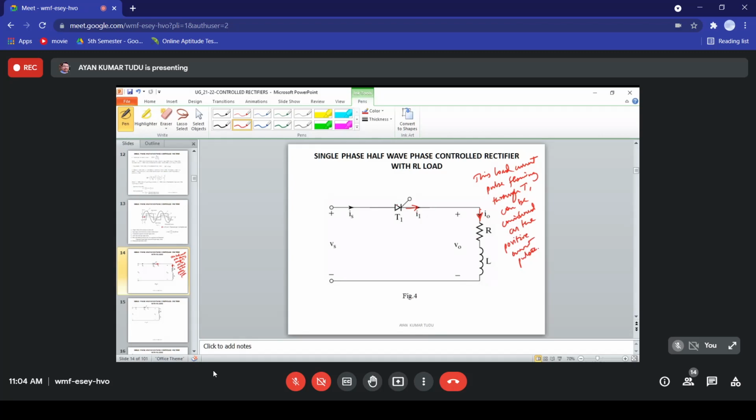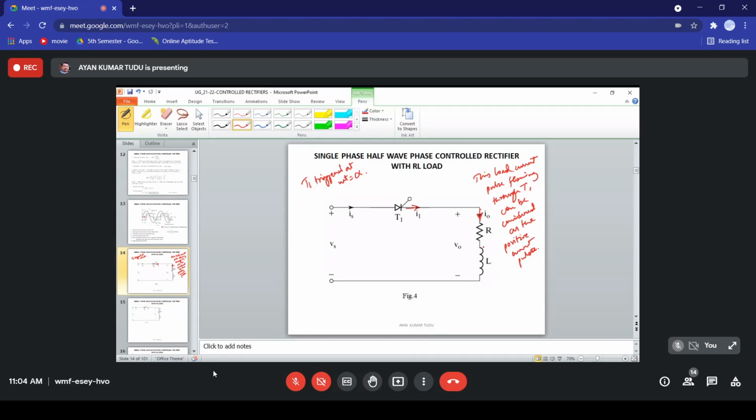Why positive current pulse? Because that current will flow during the positive half cycle of the input supply, when the thyristor T1 is triggered at omega T equal to alpha by applying a suitable gate trigger pulse to the gate lead of the thyristor T1.